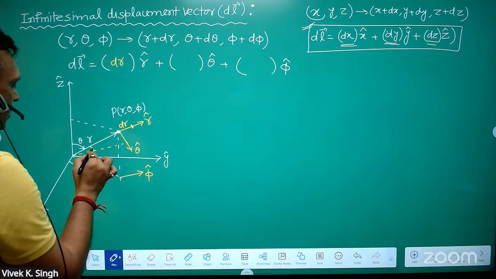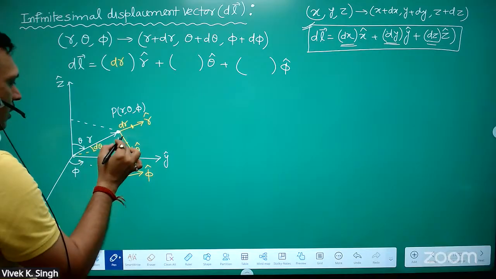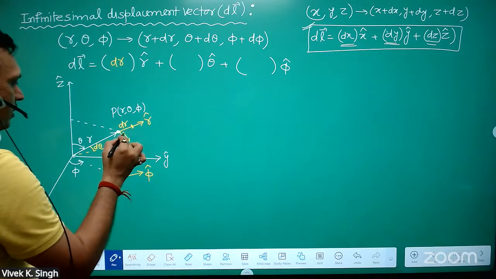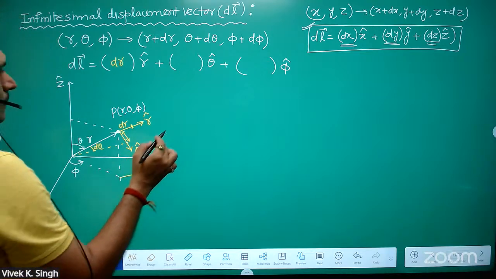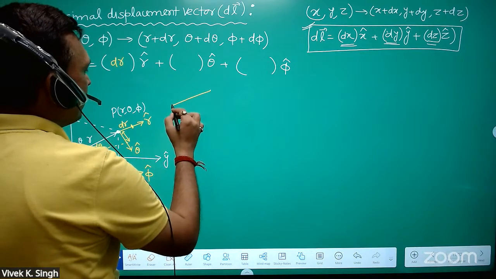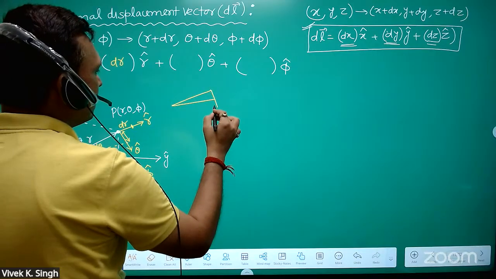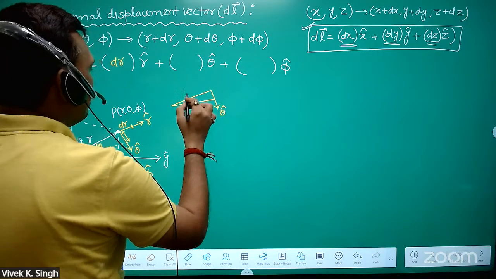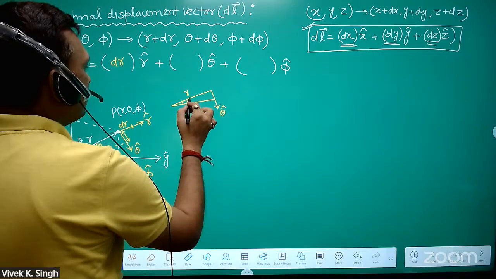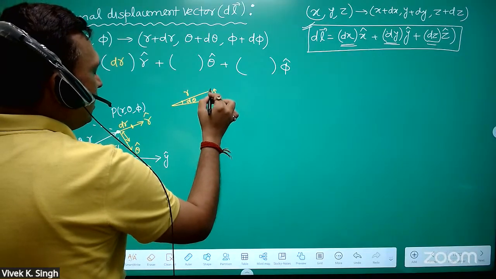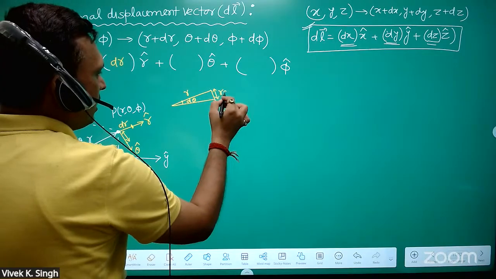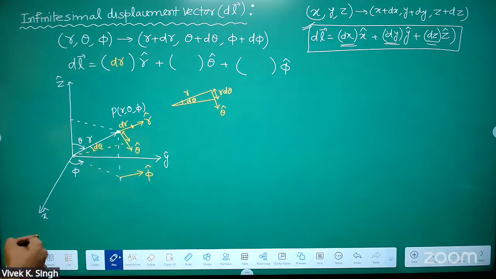What will be this change? r d theta. Yes, r d theta. You can redraw it. If this is theta, this is r, and this change is d theta, then angle is equal to arc by radius. This is elemental change. So this will be r d theta. Yes or no?